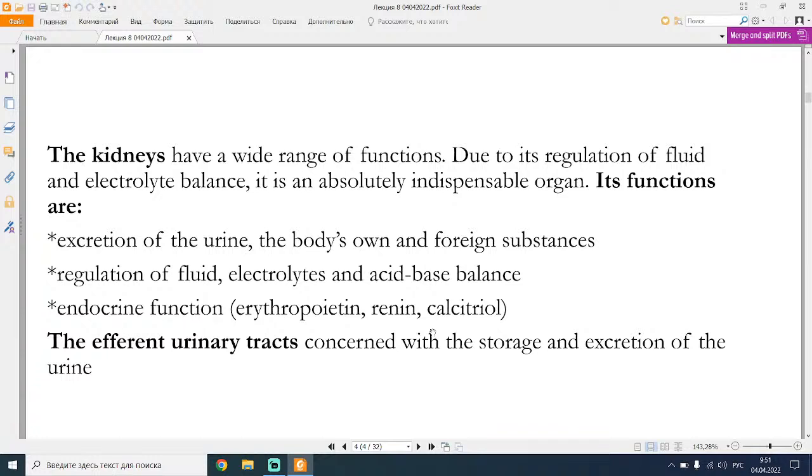The kidneys have a wide range of functions. Due to its regulation of fluid and electrolyte balance, it is an absolutely indispensable organ. Its functions are excretion of the urine, the body's own and foreign substances, regulation of fluid, electrolytes and acid-base balance, and endocrine function: erythropoietin, renin.